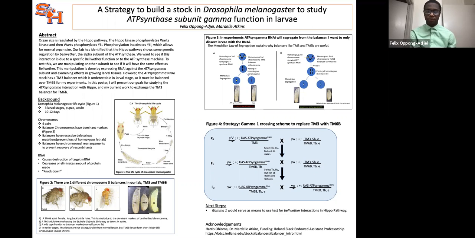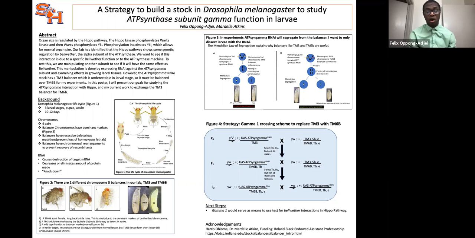Another important feature of balancer chromosomes is that they have chromosomal rearrangements, which is also an important way for us to recover from recombinants. So we need to keep our balancer chromosomes the way they are, essentially healthy and alive in our populations. With inversion breakpoints, we essentially inhibit synapsis so that crossovers don't happen near the vicinity of the inversion breakpoints.